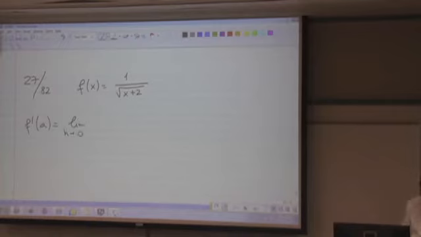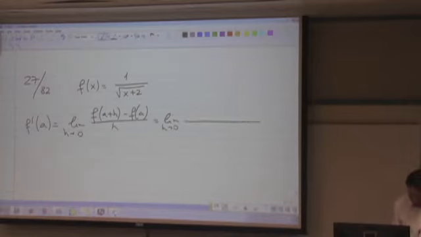Okay, so the limit as h goes to 0 of f of a plus h minus f of a, divided by h. I keep writing this out because I'm hoping this way you'll remember it a little easier if I keep saying it. So now what is f of a plus h?